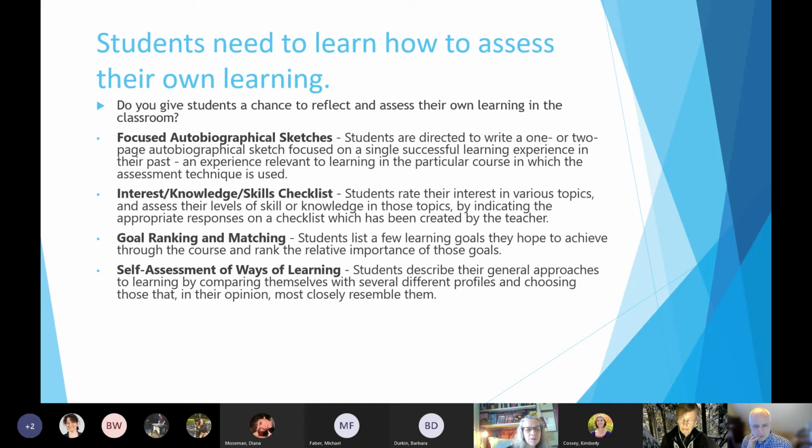And I start off with a journal entry where the students do this sort of autobiographical thing, where they assess themselves as students right now. And they talk about what kinds of students they've been up until now.